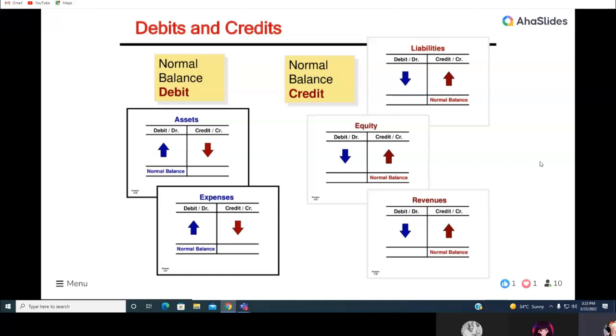Equity, if I sell common stock, then equity will go up. I record that on the credit side. If I earn revenue, I record that only on the credit side. If I incur expenses, I record that on the debit side. There are your 5 categories of accounts.